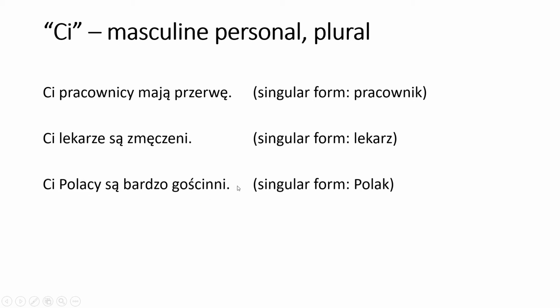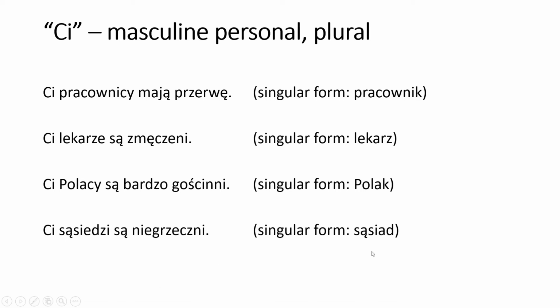Gościnni. Gość means guest. Gościnni means hospitable. You're nice to guests, you give them food and you treat them properly. Okay. Sąsiad means neighbor. Ci sąsiedzi są niegrzeczni. These neighbors are not polite or rude. Grzeczny means polite. Niegrzeczny means rude or impolite.